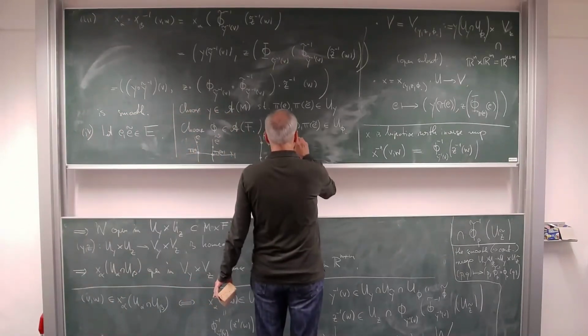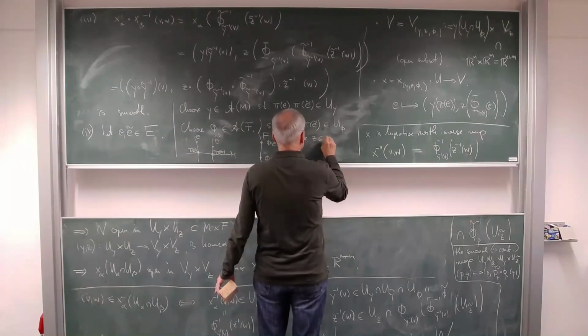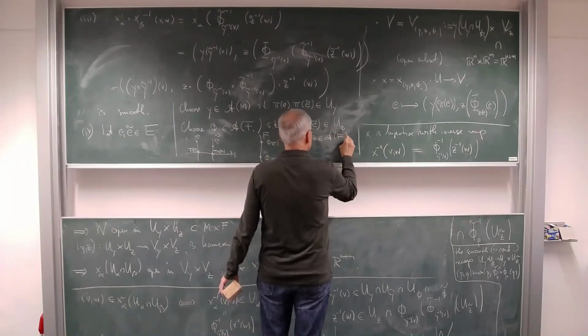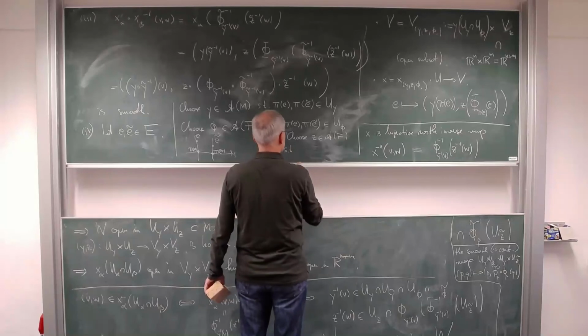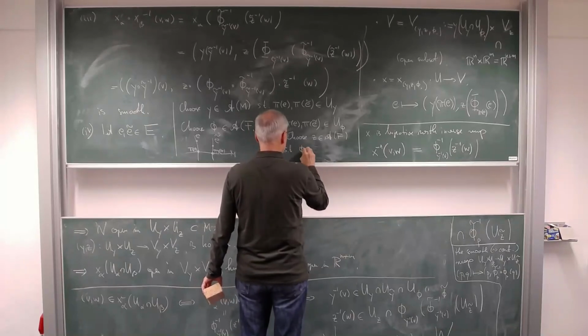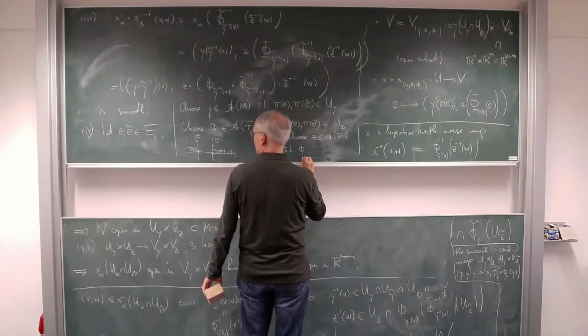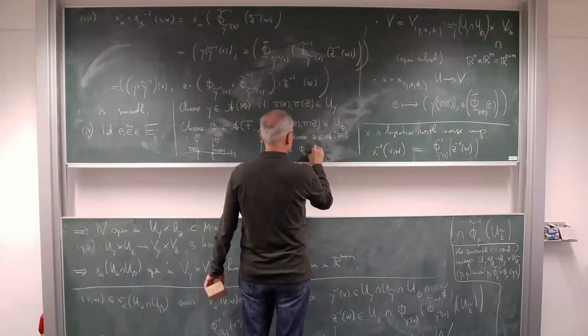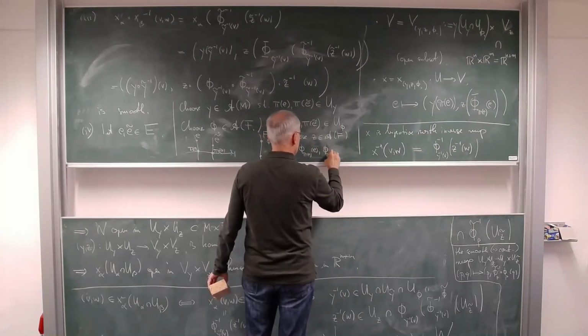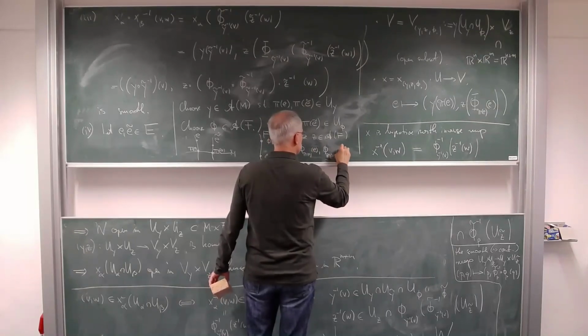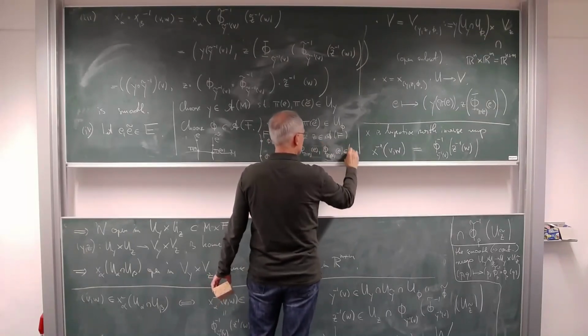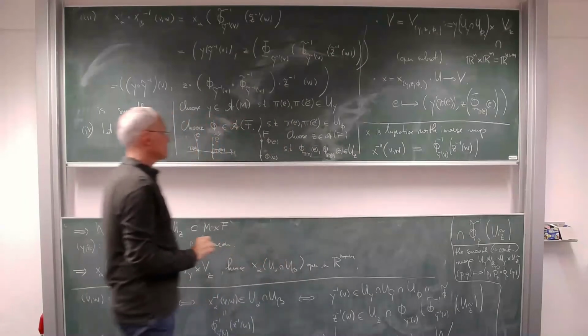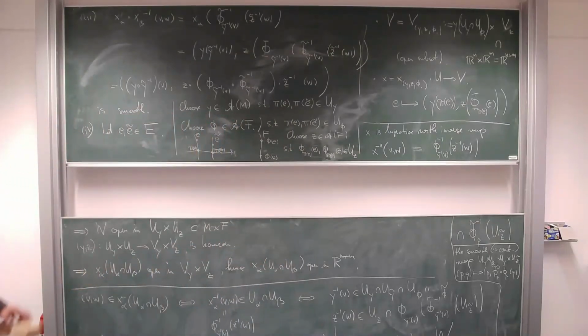Okay, so choose Z in the atlas of F such that phi pi of E applied to E and phi pi of E tilde applied to E tilde are contained in the corresponding chart domain. And with this choice, I have a set which contains both E and E tilde.